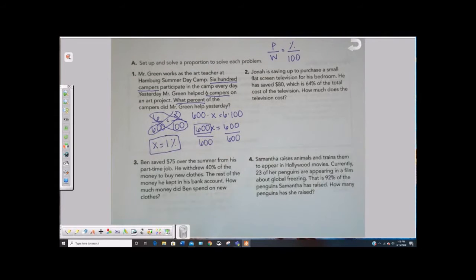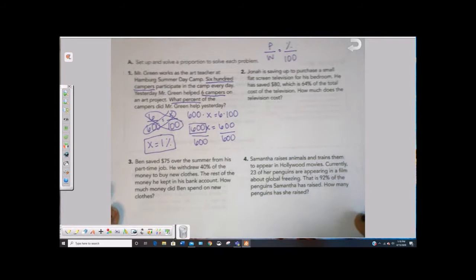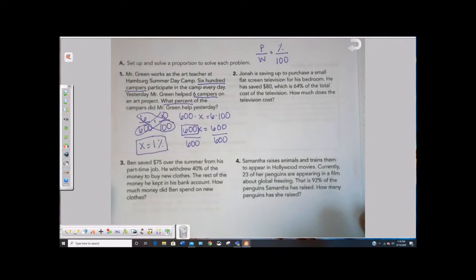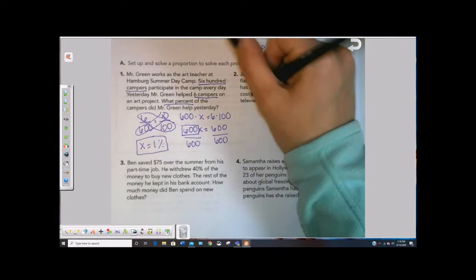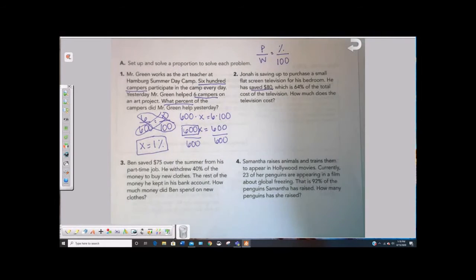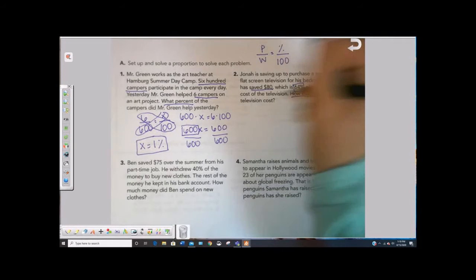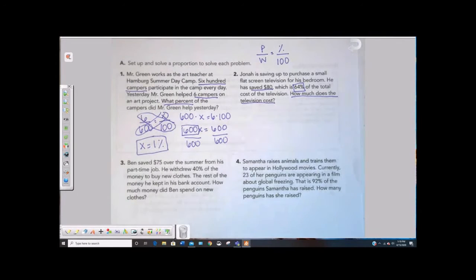Number 2. Jonah is saving up to purchase a small flat screen television for his bedroom. He saved $80, which is 64% of the total cost of the television. How much does the television cost? So the whole is how much money he saved, and the part is how much he spent.